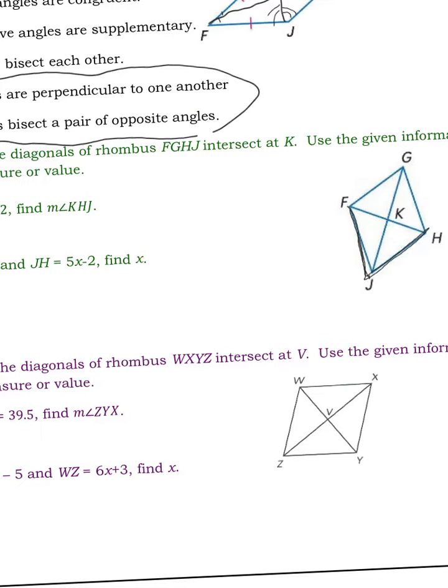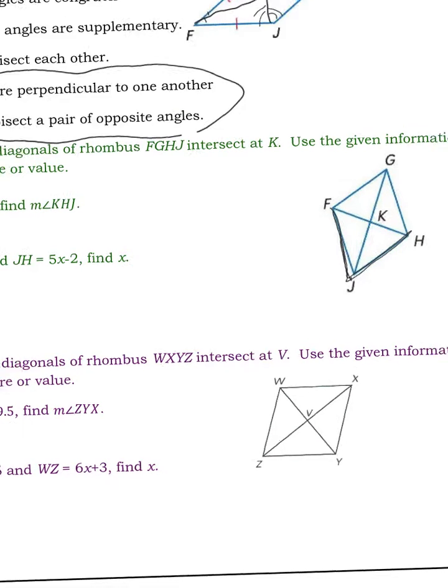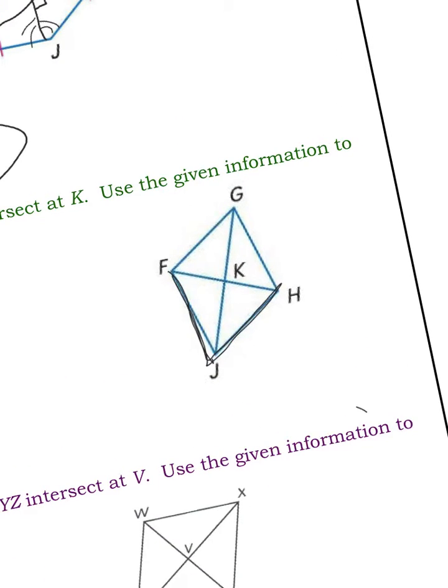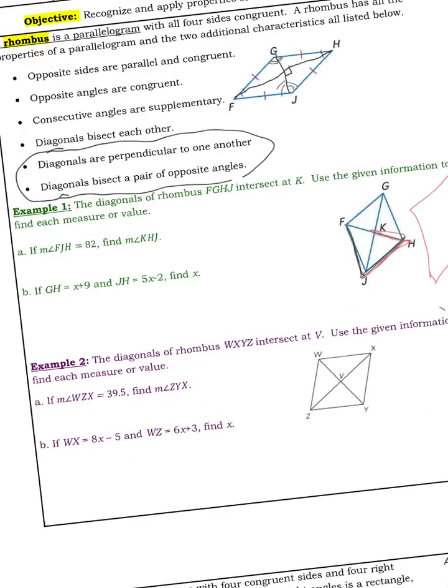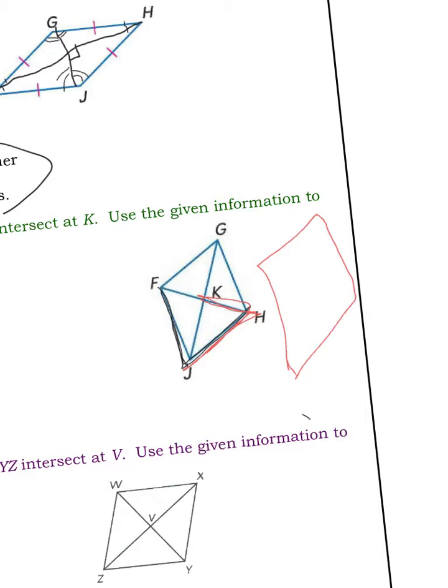Alright. So we got KHJ here. Now, if I were to just poorly draw this rhombus, we know that opposite angles are congruent. So I'm going to put 82 here and 82 there. Now this is a four-sided figure, and so you'll have to recall from 6.1 that for four-sided figures, the sum of the interior angles is 360 degrees.